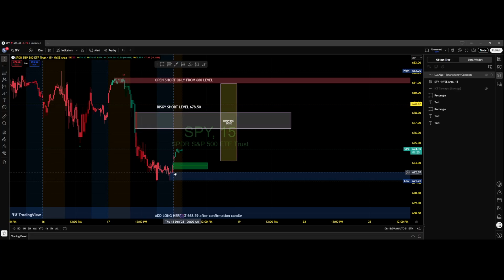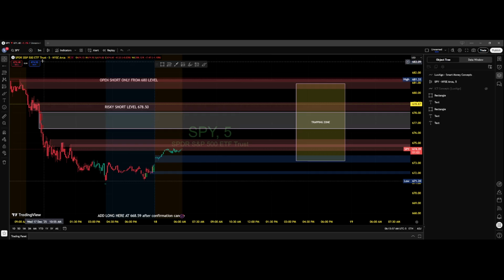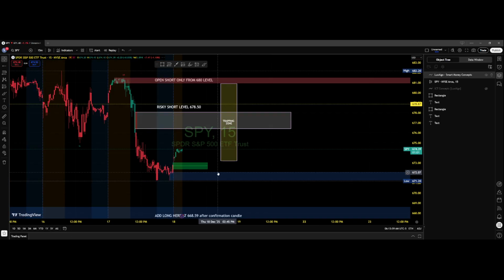So the market consolidated for 225 minutes at this level. That is why this is a point where I would see a lot of buyers sitting and a lot of orders unmitigated. So over 5 minutes, I can see 15 minutes, and at this level, 672.14 is a very good level.